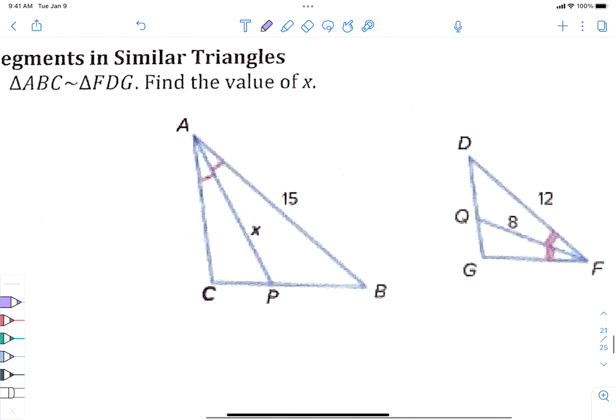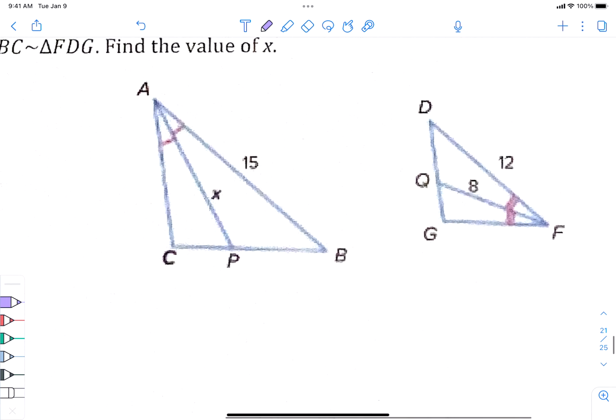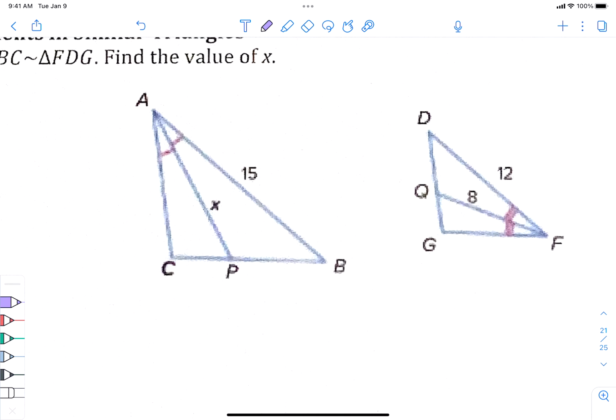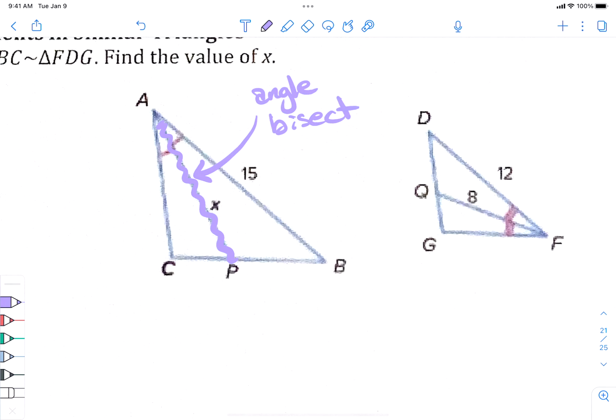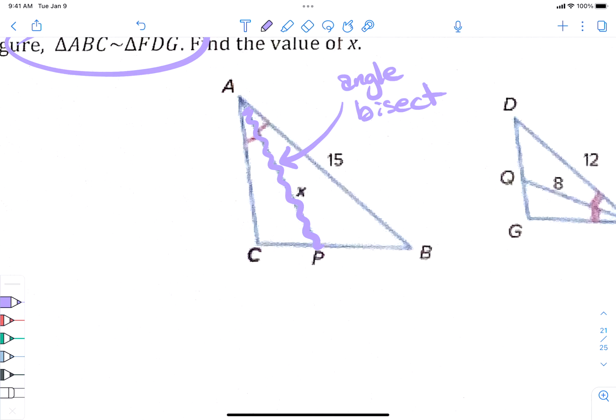All right, let's go down here. They kind of twist these shapes around on us, but it's fine. What is this little line right here? That's an angle bisector, right? We know that those two triangles are similar to begin with, so we can set up proportions, and with an angle bisector we can set up the proportion as well.